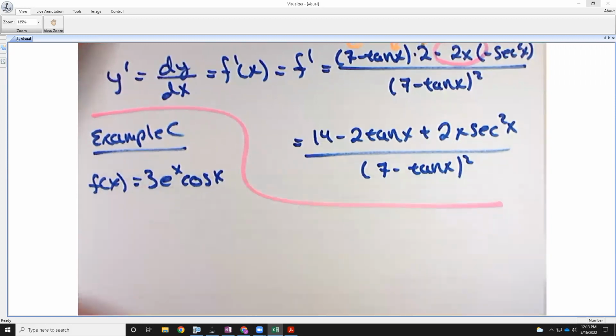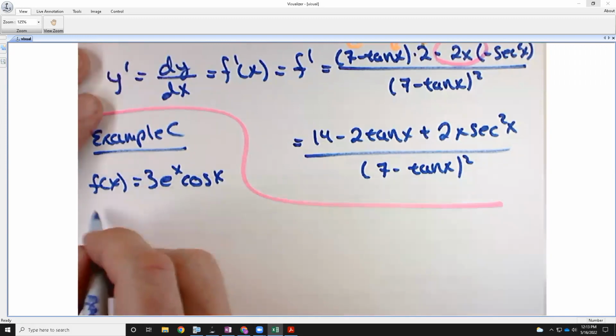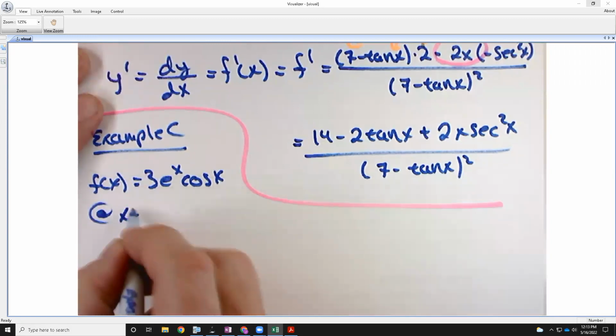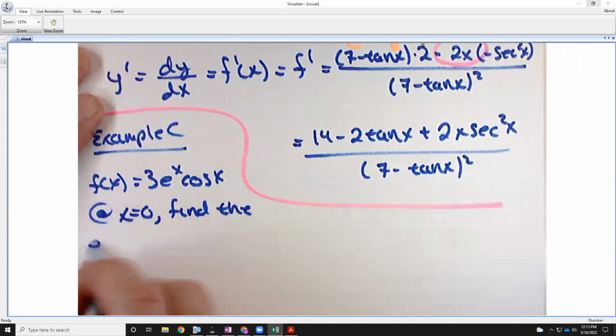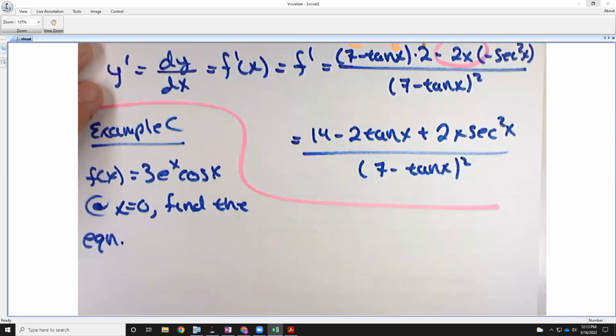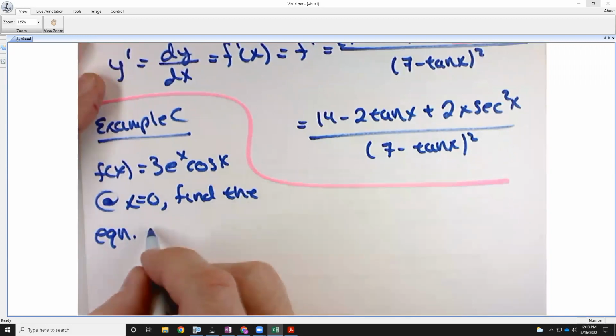I want to find the equation of the tangent line at x equals 0. Find the equation, I'm just going to be lazy and abbreviate it EQN, of the tangent line.